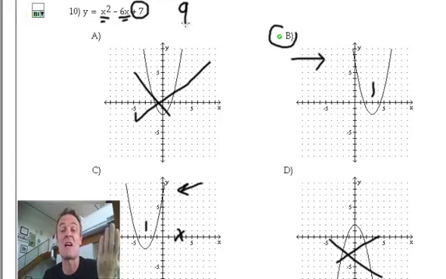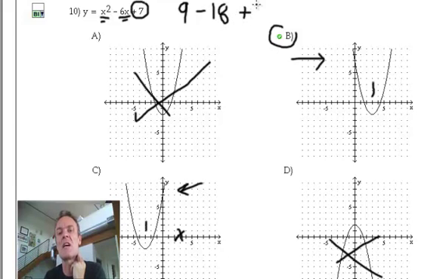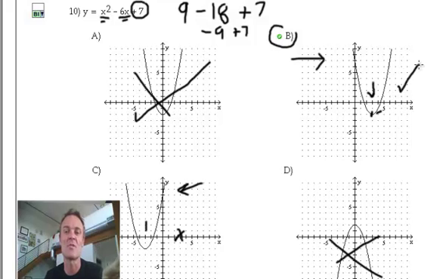Put it into the equation. Minus 6x. What's 6 times 3? 18. And then plus 7. I should get negative 2. Do I? 9 take away 18 is negative 9. Yep, plus 7. I get negative 2. That's why that's the right one. I'm just checking some points. So for now, that's how you would look at graphing that particular quadratic.